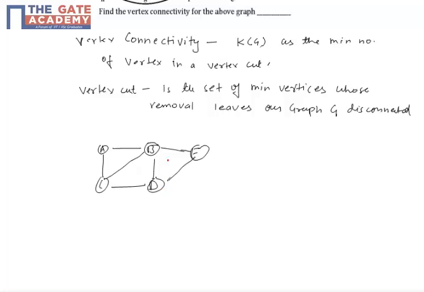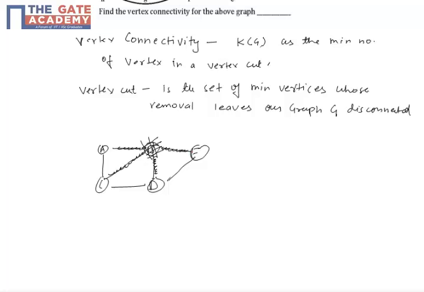Let's say we are removing B. To remove B, we have to delete all the edges connected to B, so we remove this edge, this edge, this edge, and this edge.